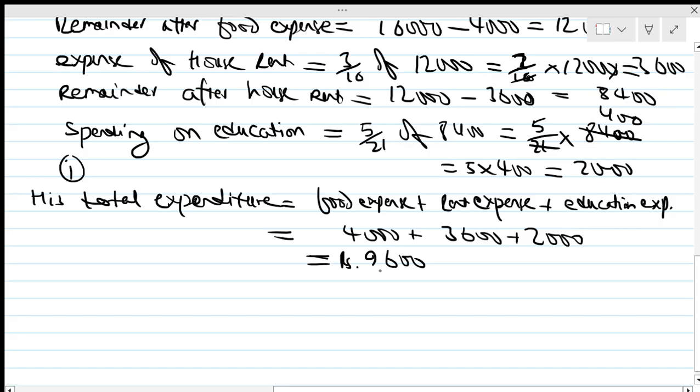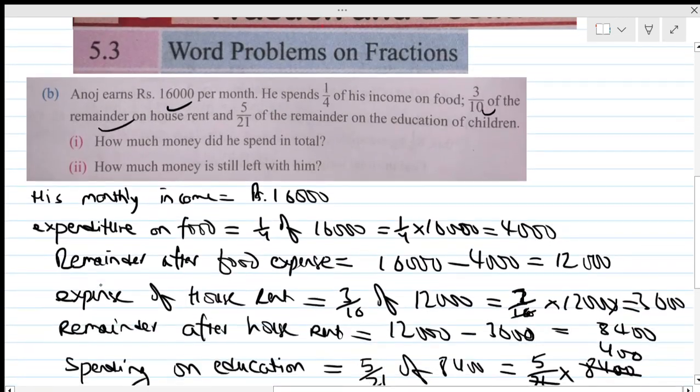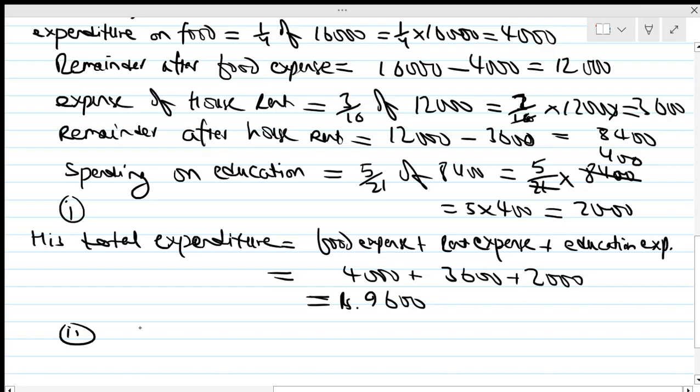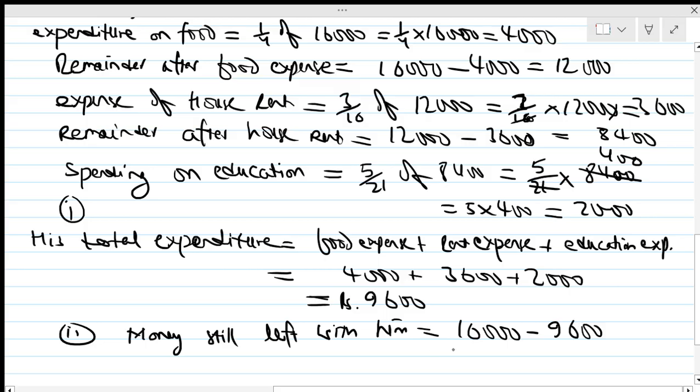After finding this, second we are asked how much is remaining with him after all these expenses. So money still left with him equals total income, rupees 16,000, minus the 9,600 he has spent.